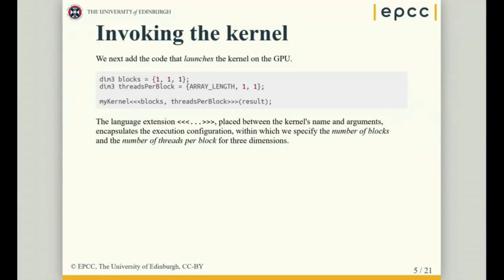So I will need to be careful with the number of threads that I create. For simplicity, I will create as many threads as I have elements in my array, which is 1D.